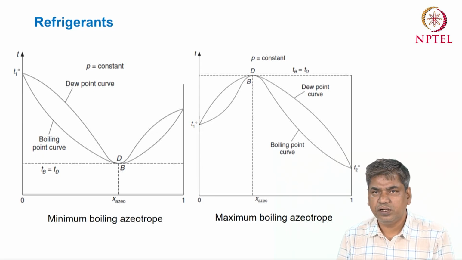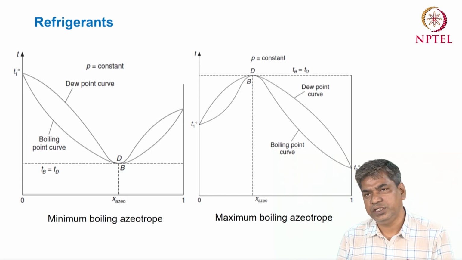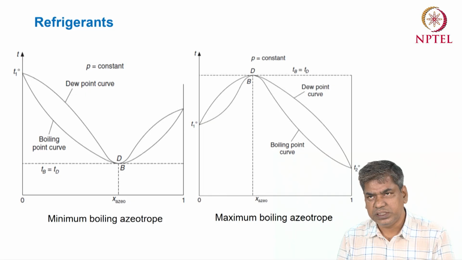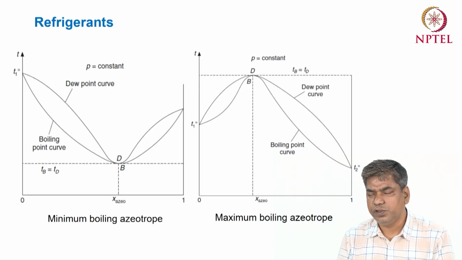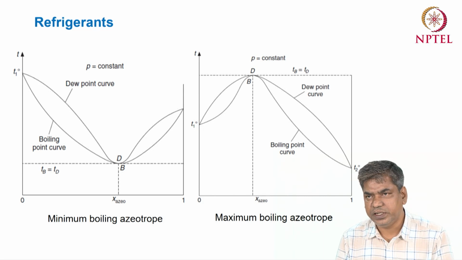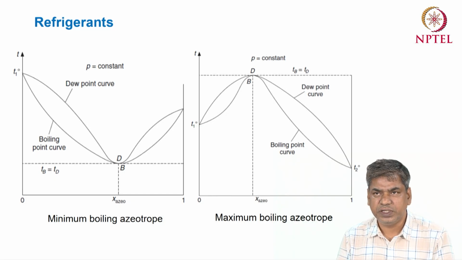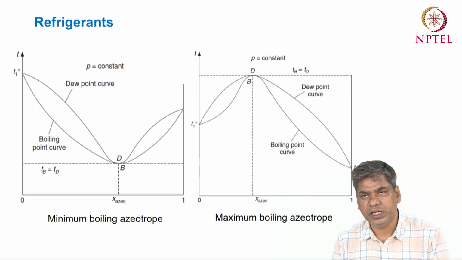Okay, so that is called the minimum boiling point azeotrope or azeotropic mixture. In some cases you will see that the boiling point at the optimum composition is higher than the boiling point of both individual refrigerants. So that type of optimum refrigerant mixture is called the maximum boiling azeotropic mixture or maximum boiling azeotrope.